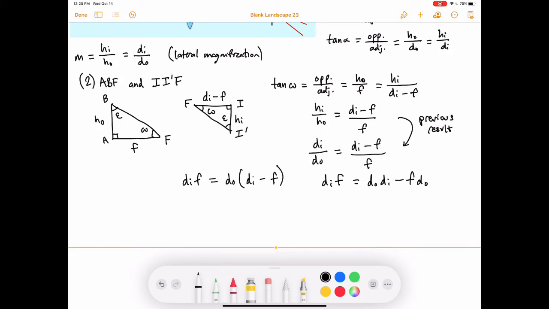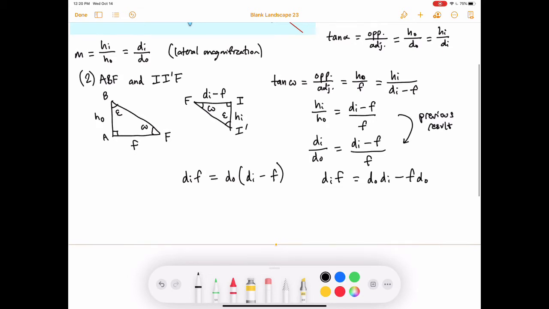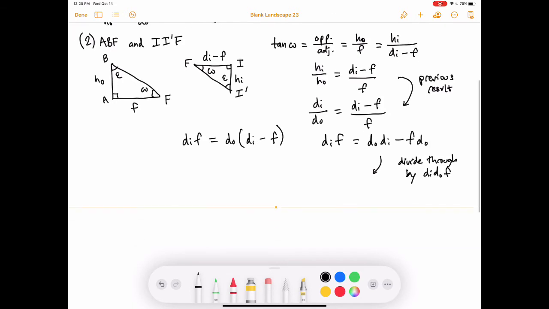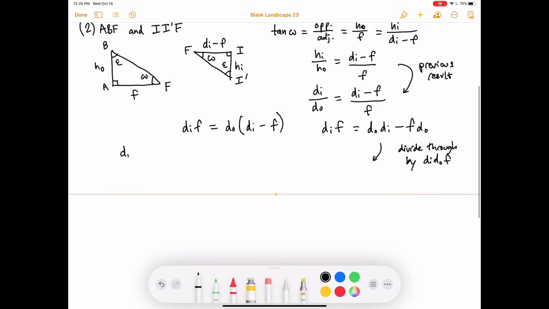Okay, so the next thing we're going to do is we're going to take that equation and divide through on both sides by DI times DO times F. So here's what that looks like. On the left side, we have DI times F. On the right side, we have DO times DI minus F times DO.